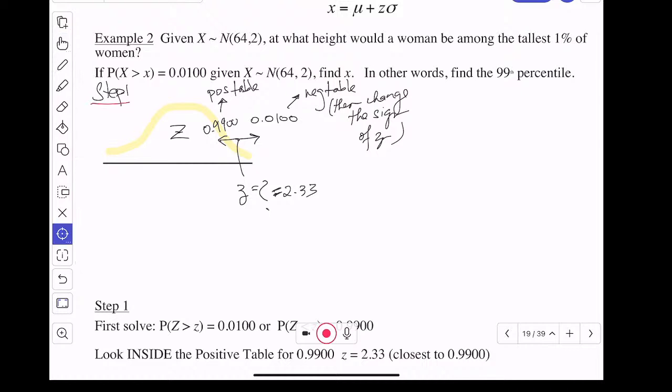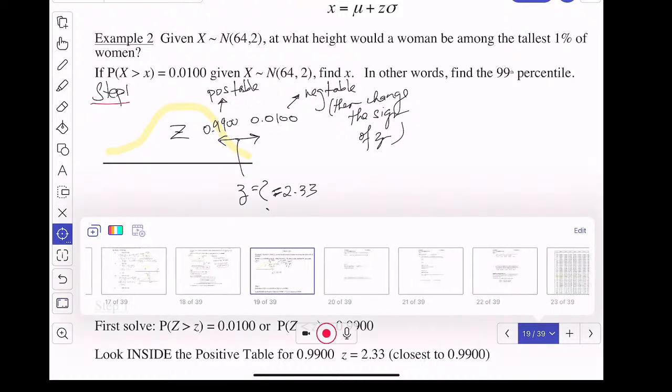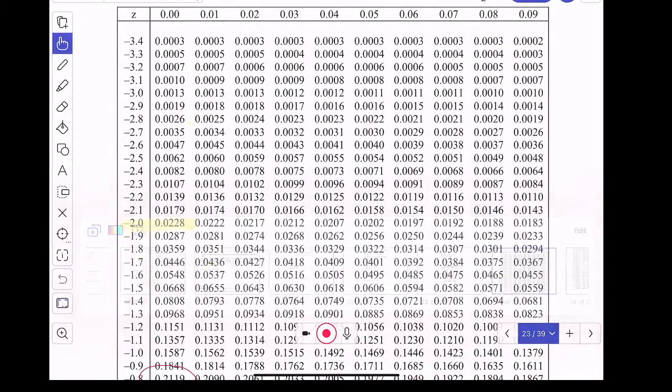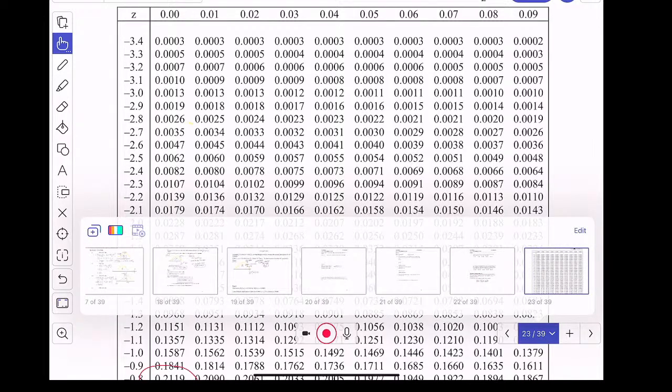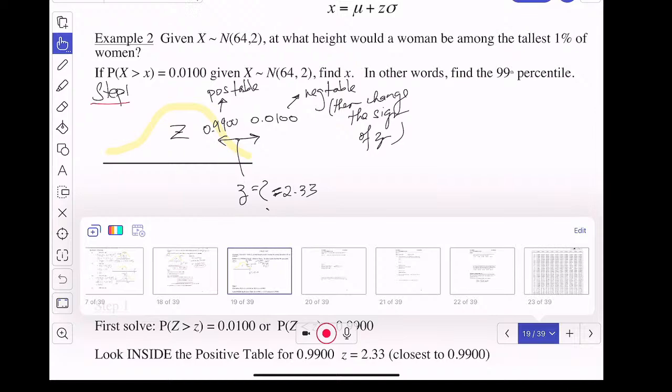If you were to use the negative table, you would get negative 2.33, but you have to remember to change the sign because we're looking on the top tail, not on the bottom tail. So if you look for 0.01, that is 1%.